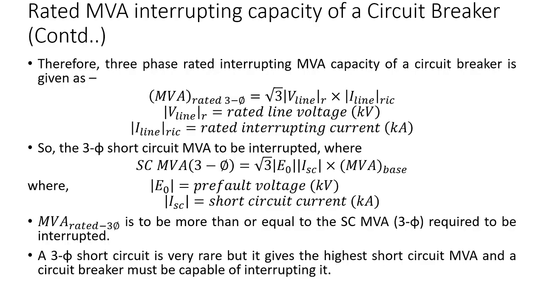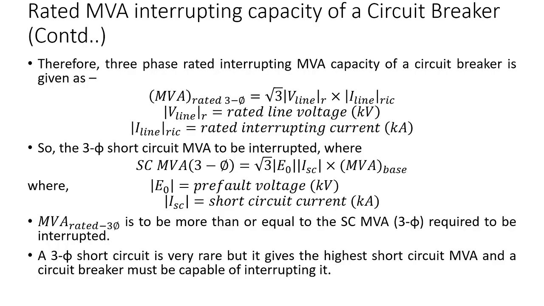A three-phase short circuit is very rare, but it gives the highest short circuit MVA, and a circuit breaker must be capable of interrupting it. So we have already learned that a three-phase short circuit is very rare, and it generates the highest amount of current in the line.